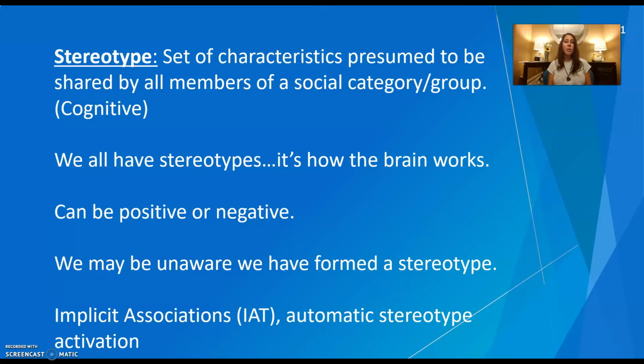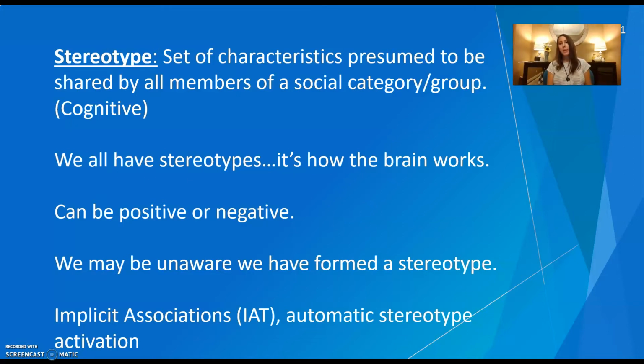And a lot of times we're unaware that we formed a stereotype until we have a conscious thought that reflects that stereotype. And you sit there thinking, wait a minute, where did that come from? That's how stereotypes work. There's something that's called an implicit association, also called an automatic stereotype activation.